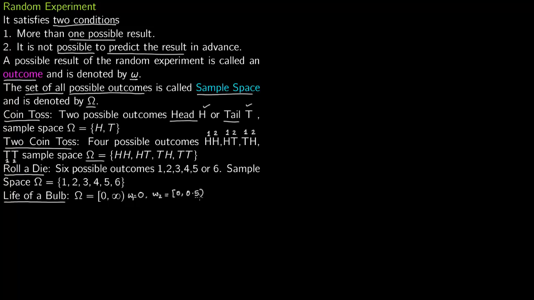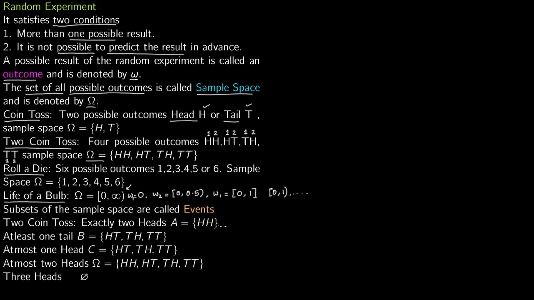So it just burns out as soon as it is half an hour, or it could burn out at exactly 1 hour, so 0, 1. If it burns out just before it touches 1 hour, then you write it as 0, 1 with a round bracket. So there are infinitely many outcomes here in this case, life of a bulb, because it could burn out at any time. So the sample space is all the way from 0 to infinity. Notice that infinity is not exactly included here, because we have a round bracket right here.